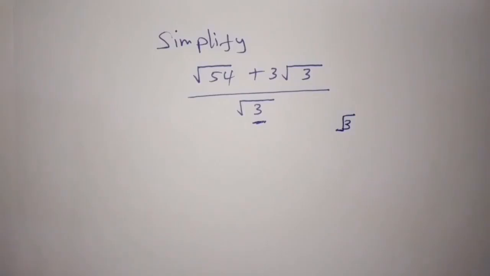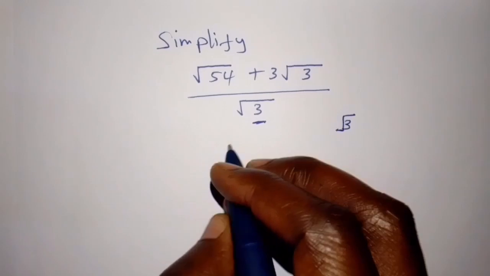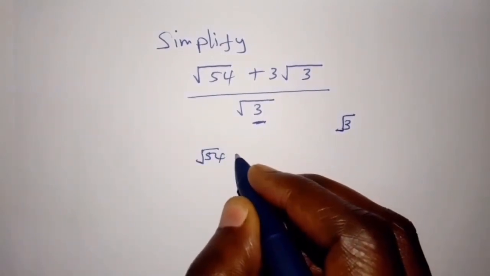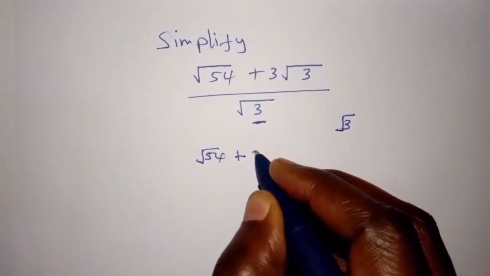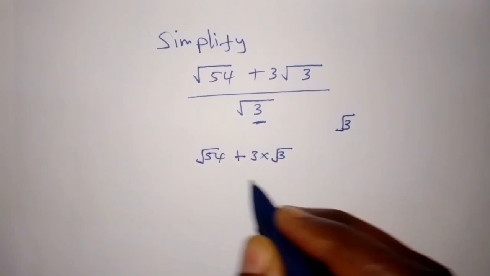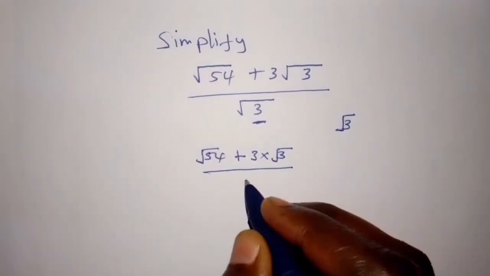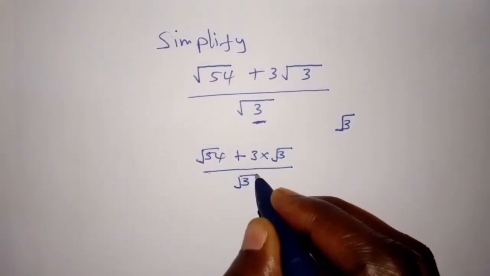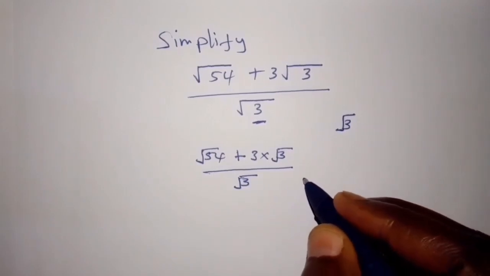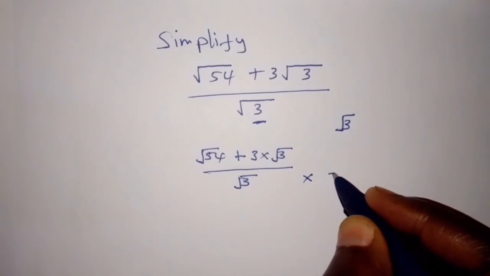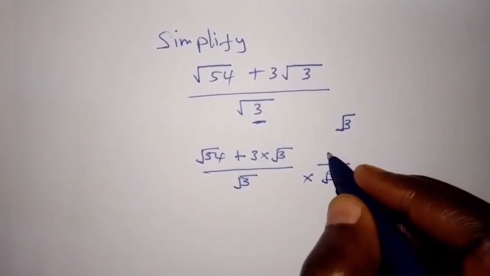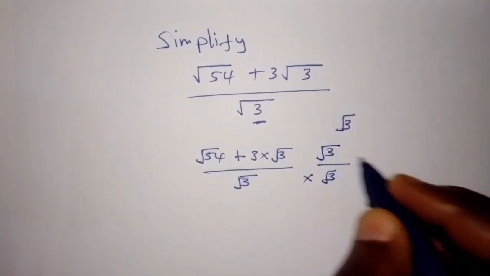So we are going to write it as square root of 54 plus 3 times square root of 3 over square root of 3. So we multiply the denominator by square root of 3 and the numerator by square root of 3.